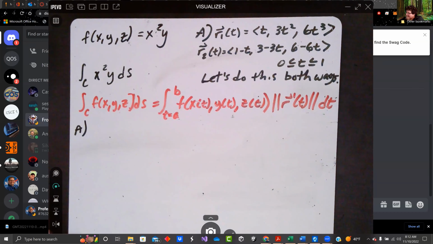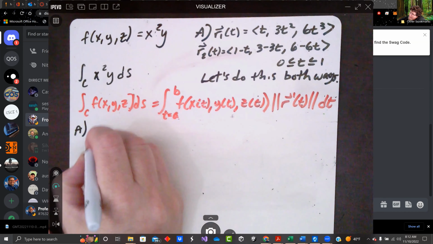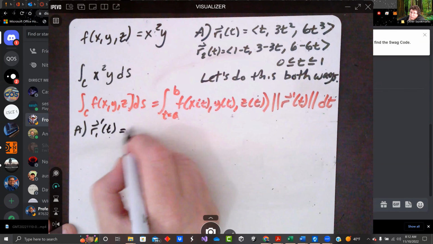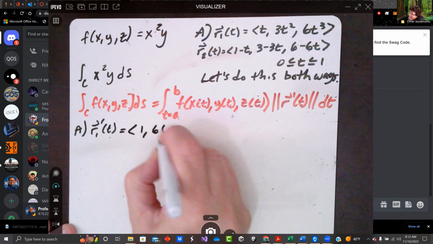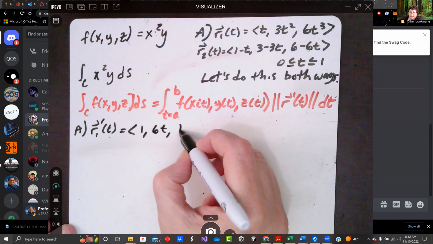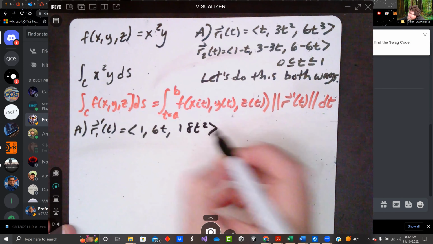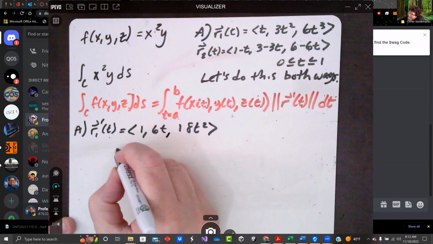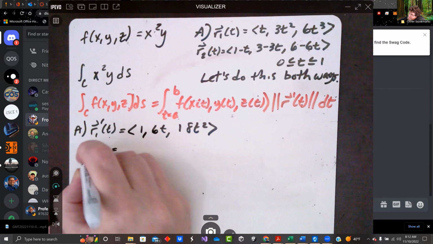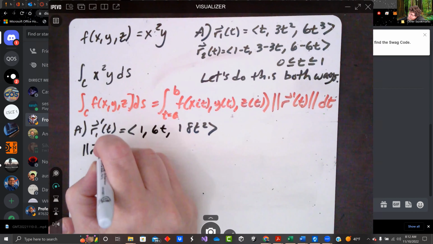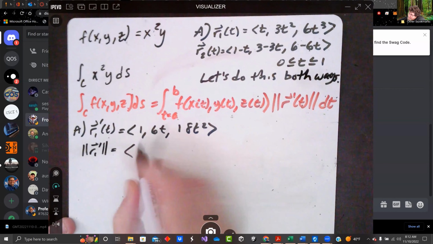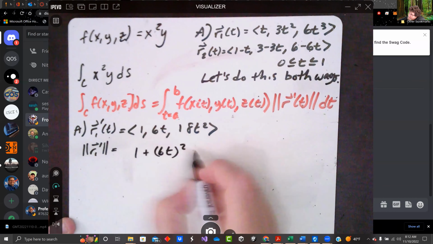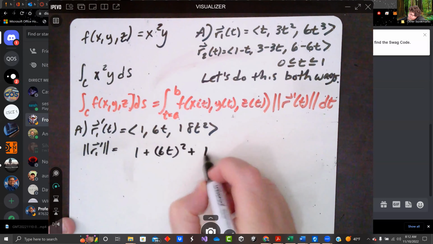We need to find R prime of T. So R prime of T is 1, 6T, and 18T squared. So the magnitude of that, we've got, not a vector, 1 plus 6T squared plus, ooh, this got ugly quick.